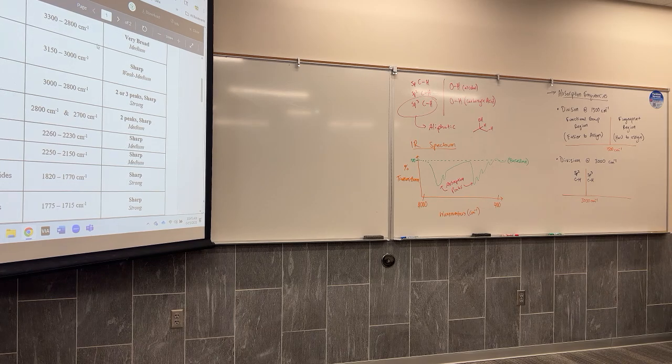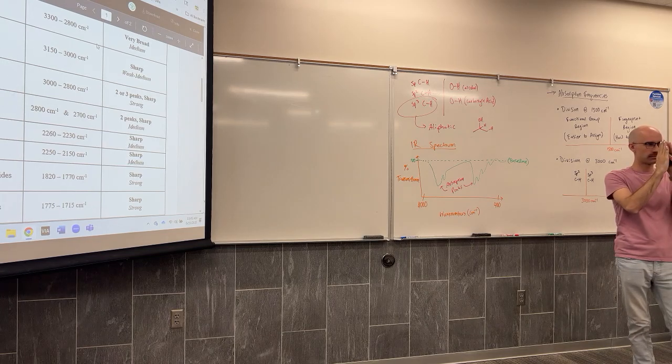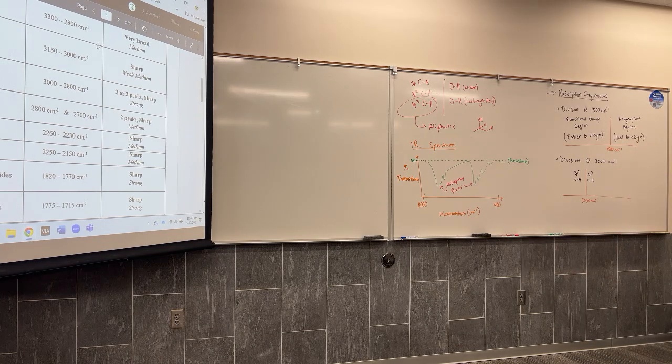You can never see anything at the 3,000. You're going to see stuff that butts right up to 3,000, but it'll still go. So when I give you IR spectra, I give you two lines on the spectrum.